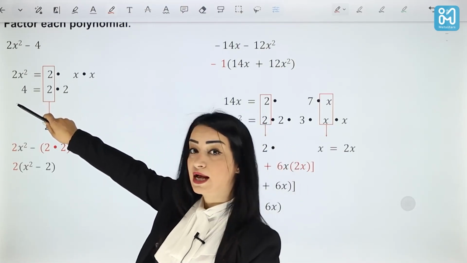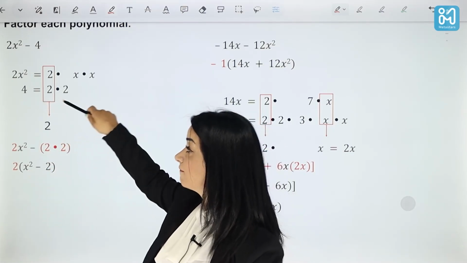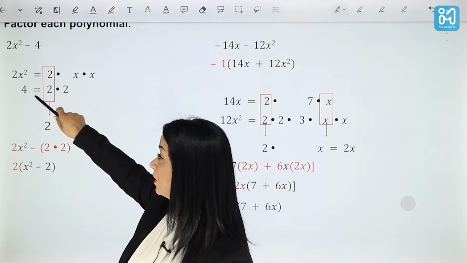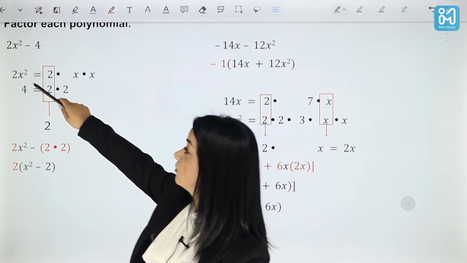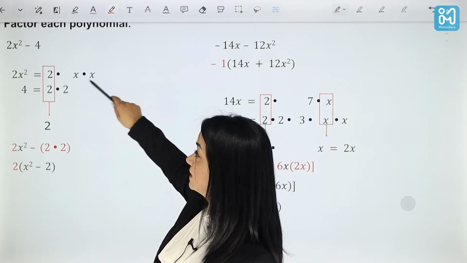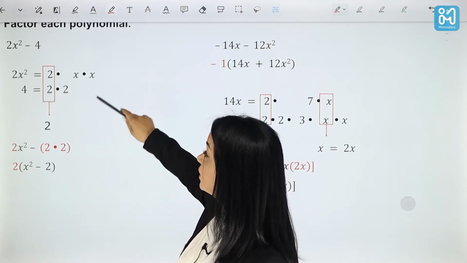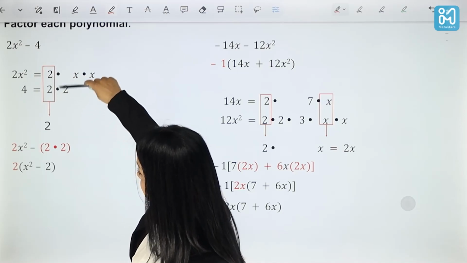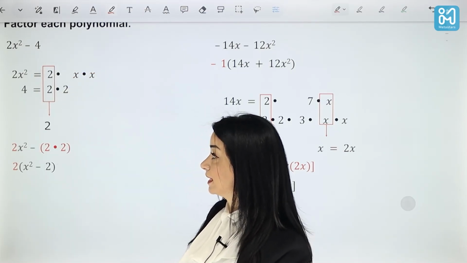And 4, if I need to write it as a prime factorization, is equal to what? It's equal to 2 times 2. So 2x squared equals 2 times x times x, and 4 is equal to 2 times 2. Here I can see that 2 is in the first term, and 2 is in the second term.